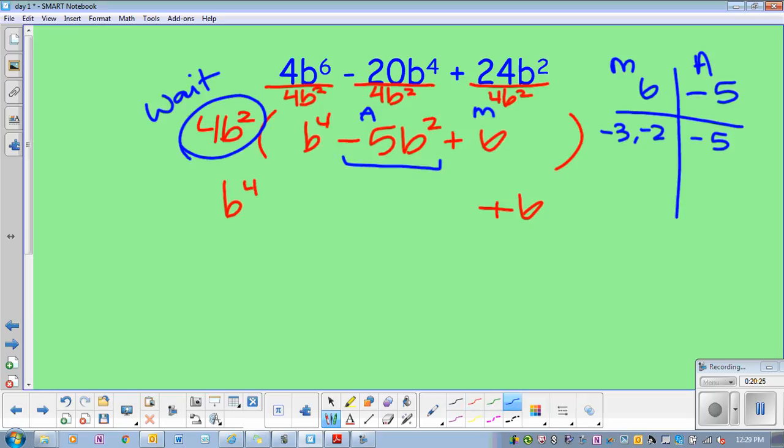So we need to rewrite negative 5b squared using the two numbers that Hannah gave us, negative 3 and negative 2. So negative 3b squared, negative 2b squared. Right? Sorry, that is a 6. You know what? How about this? Capital B's. There.